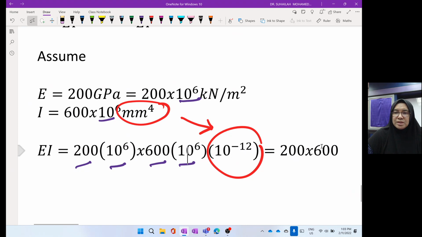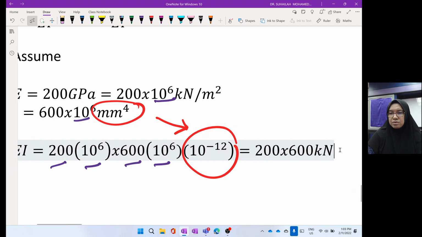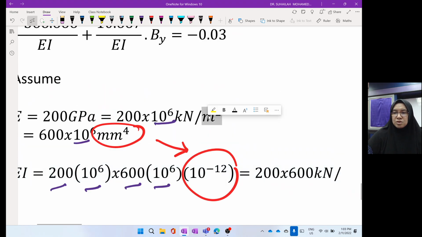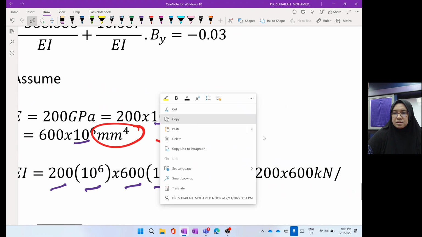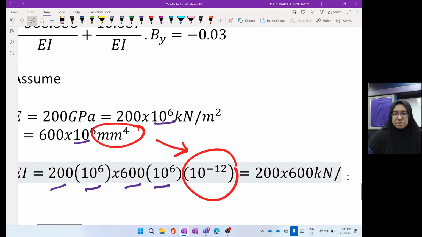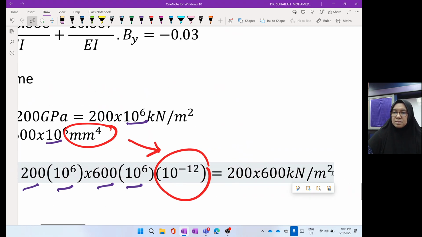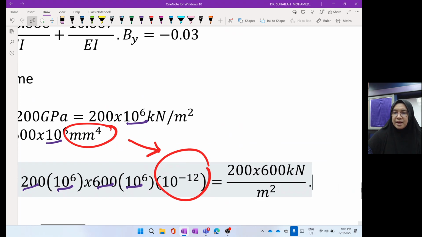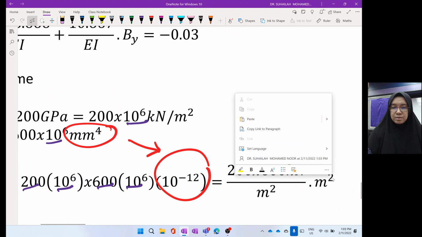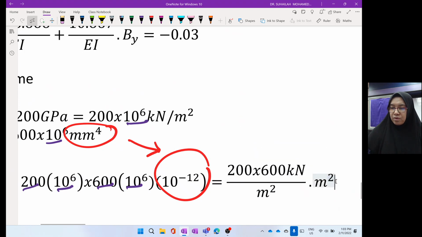So, kalau kita play with the unit, it is kilonewton per meter square ni. Kita kali dengan M4.